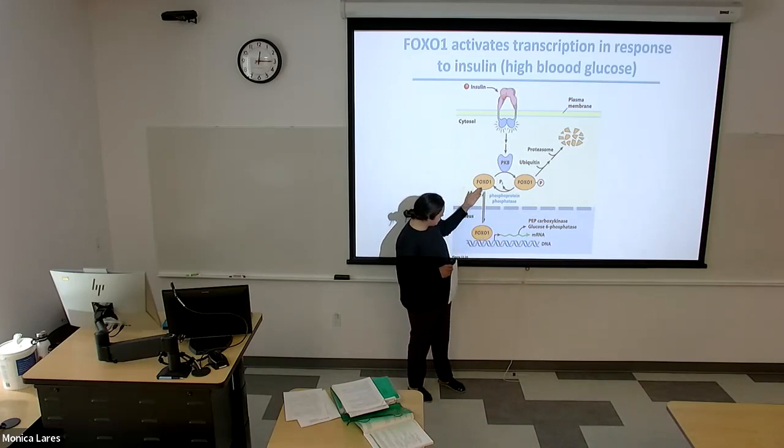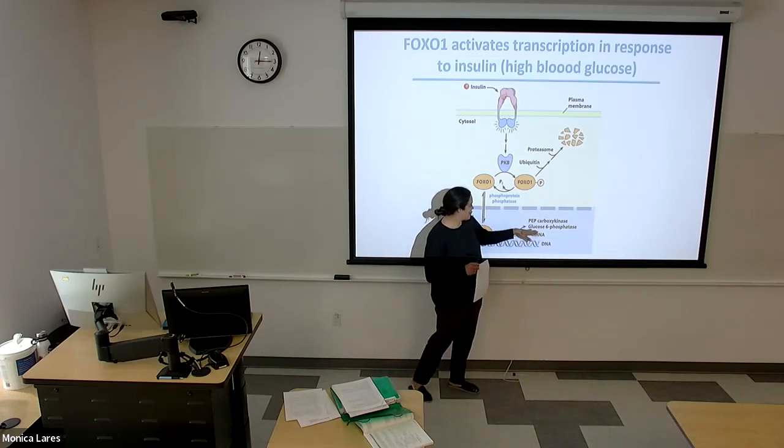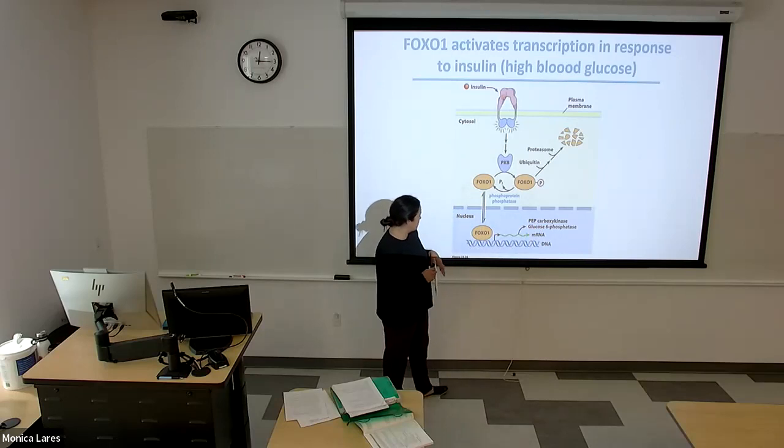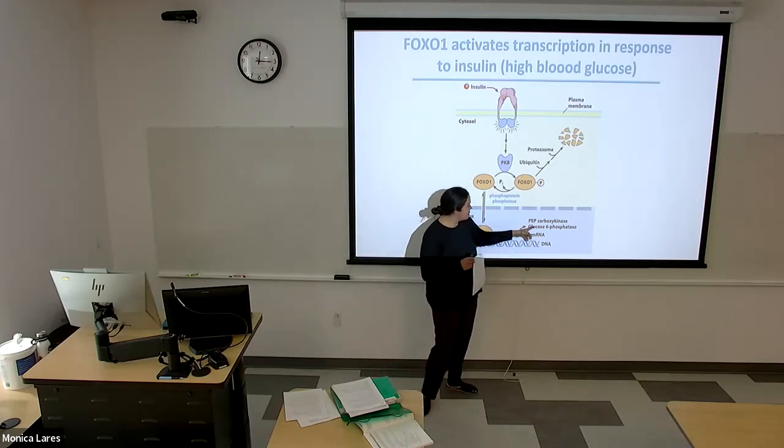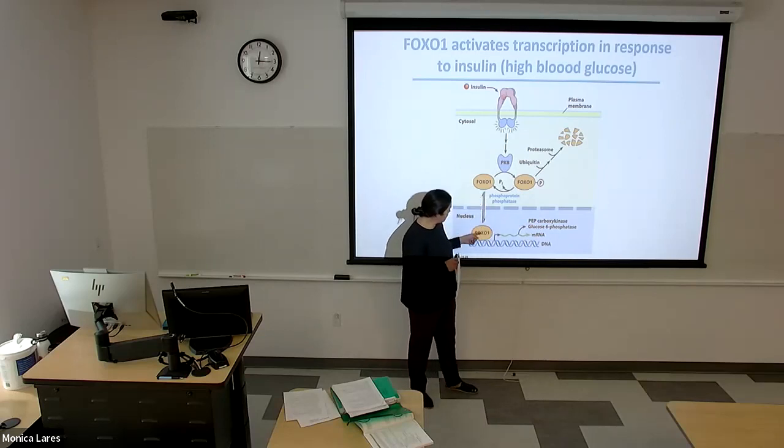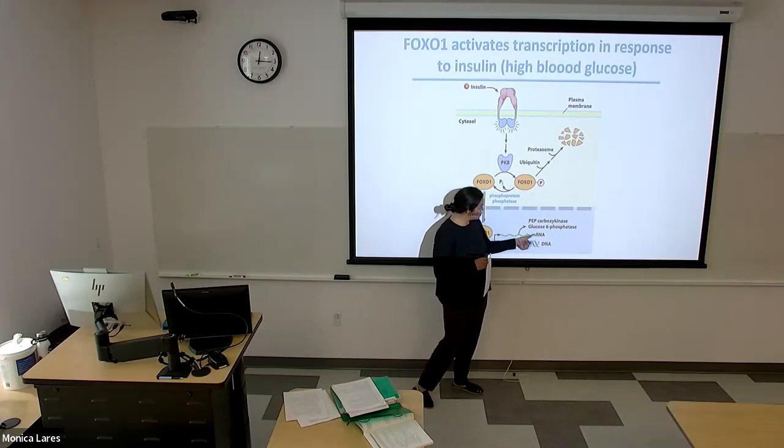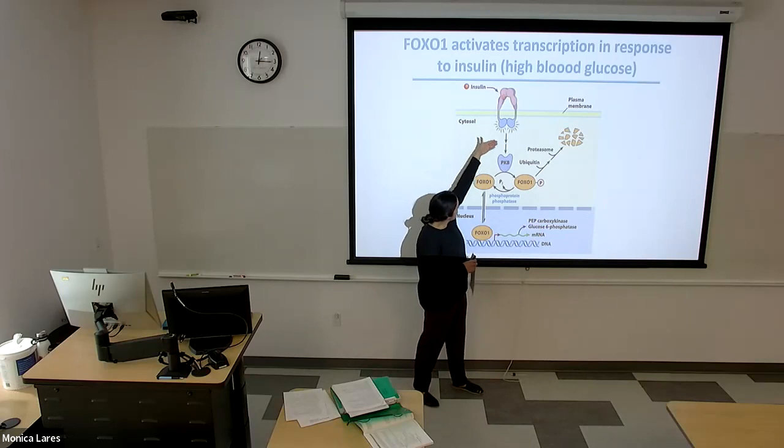And then here it's showing you that it's linked to upregulation of the mRNA of glucose 6-phosphatase and PEP carboxykinase. Remember, these are both in gluconeogenesis. So FOXO1 upregulates transcription of these enzymes. But when insulin binds, it leads to activation of this kinase, protein kinase B. So it will phosphorylate FOXO, so it cannot enter.